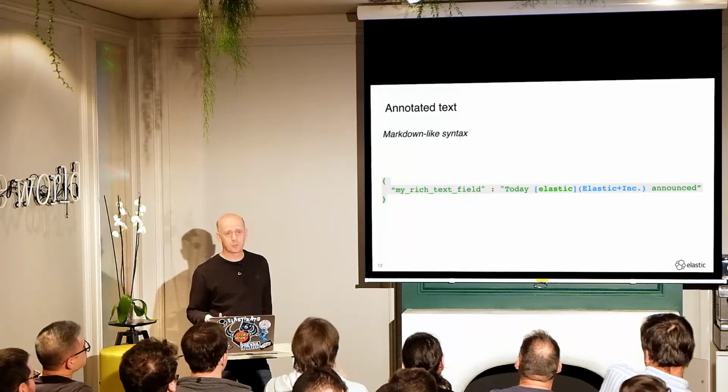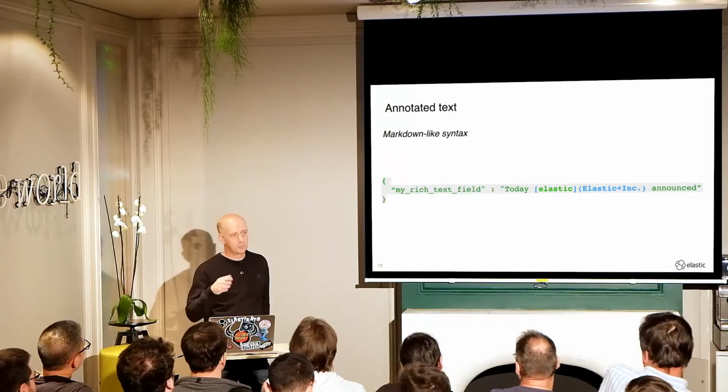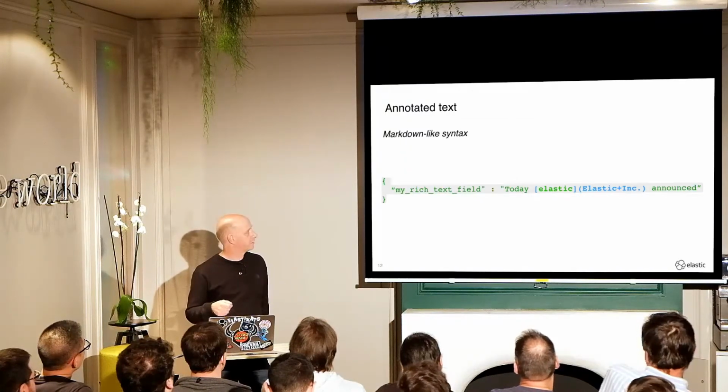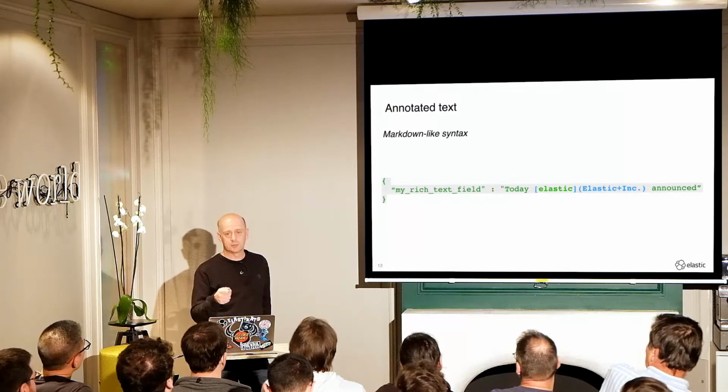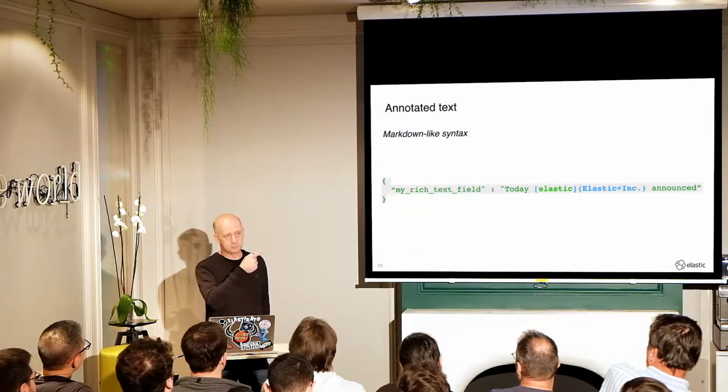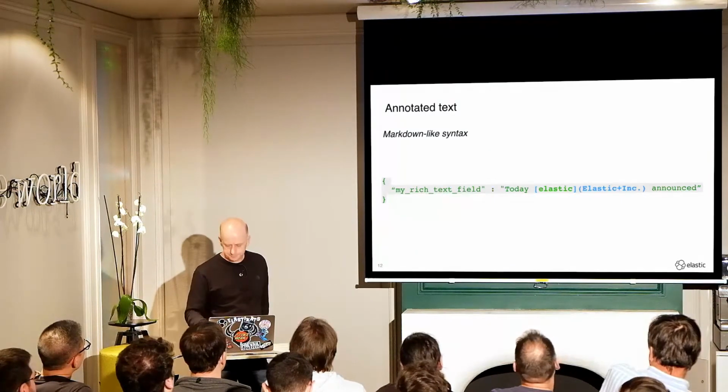And you might do a similar thing with Apple. So you might mention the fact that the word Apple in this document doesn't mean the apple you eat, it means Apple the company. So this syntax, what you put inside the round brackets, can be anything you like, and it ends up in the search index. And you can put multiple things in here. So you can have, for example, our stock ticker could also be a part of that annotation there.